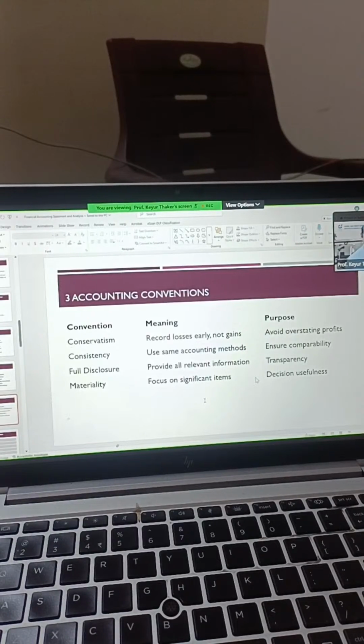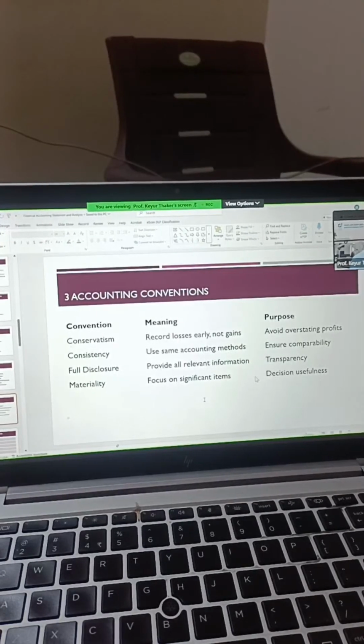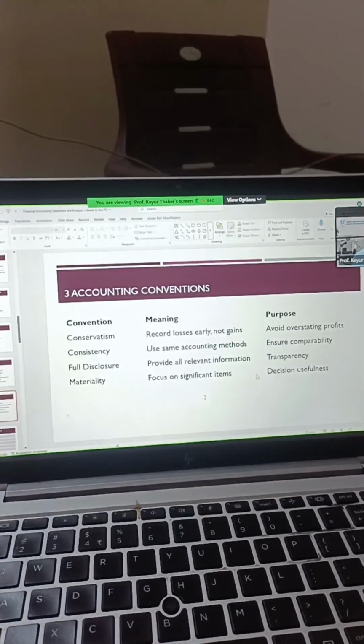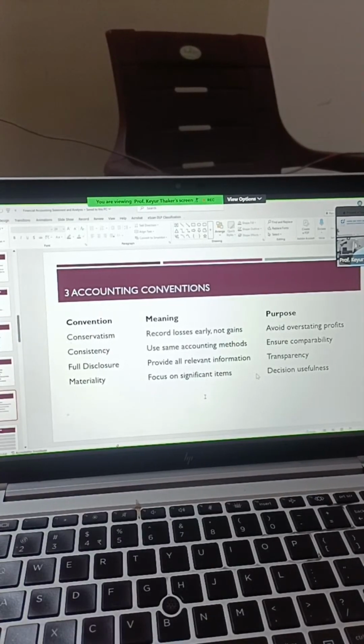So in fact there are certain items which are having value. A company has a balance sheet of 1,000 crore. Any item which is of more than 10 crore is considered material. But my company's revenue was only 100 crore. Any item which is more than 50 lakh is considered material.